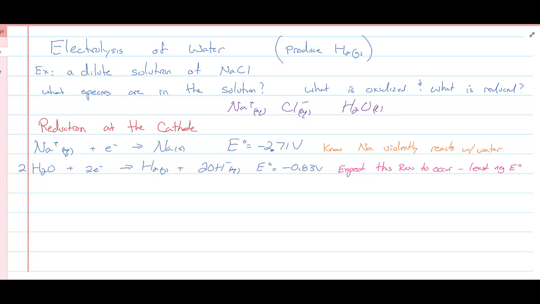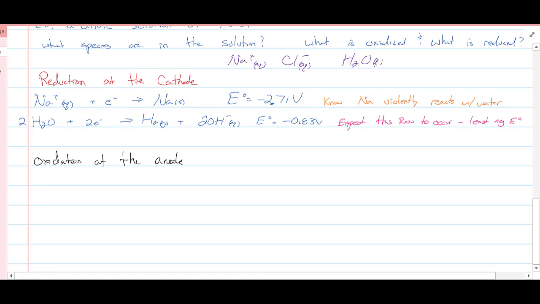What about oxidation at the anode? Well, we have two options. I have 2Cl- or 2H2O. So 2Cl- could go to 1 chlorine and 2 electrons.